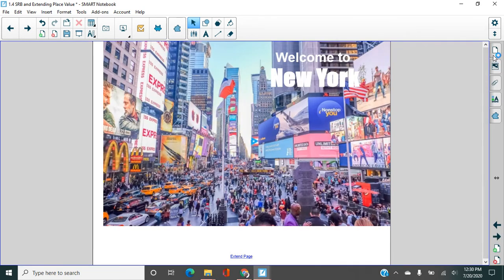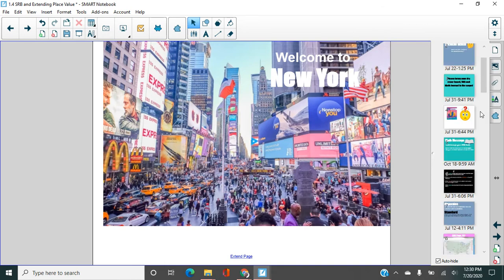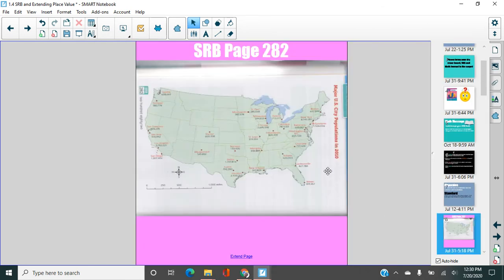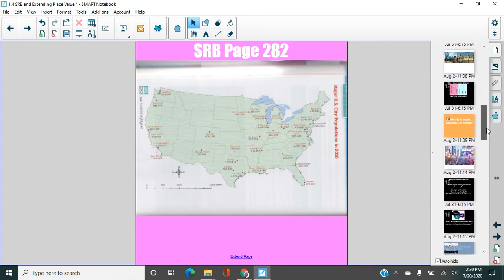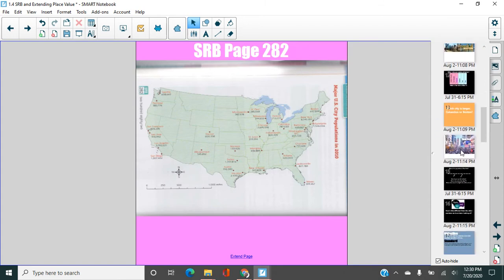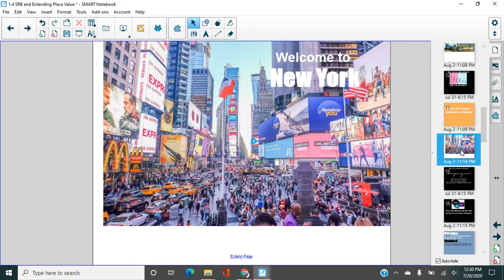And I can go back to the map to look at those 2, right? So when we compare Boston, which has a 6 in the 100,000s, and Columbus, which has a 7 in the 100,000s, we can see that Columbus's population was bigger. So, right, kind of using the SRB to review the different things that we have learned so far.